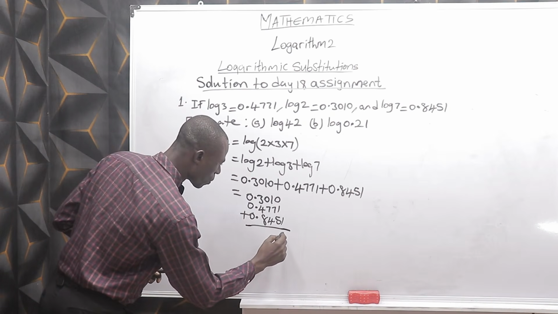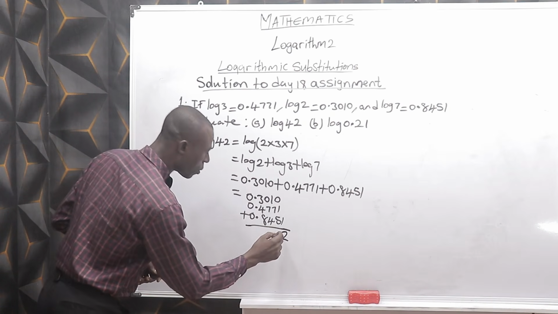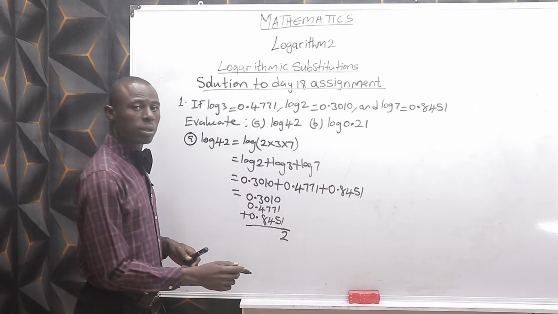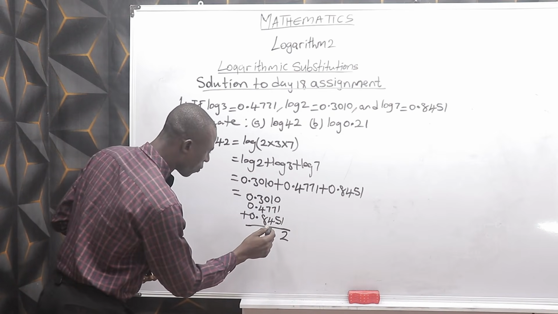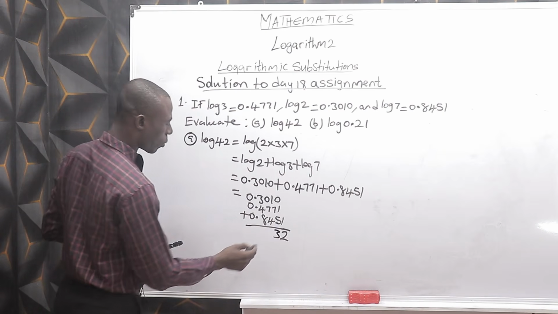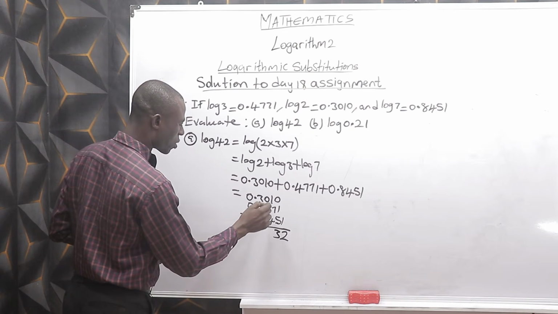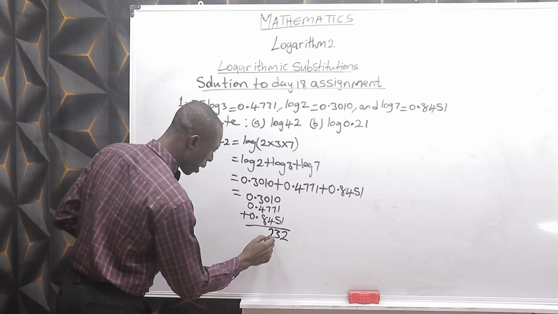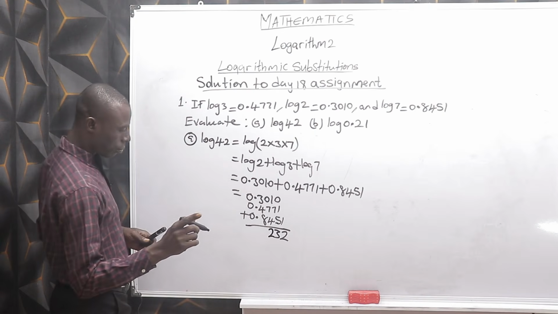One plus 7 is 8, plus 5, that's 13. We write 3, we keep 1. 1 plus 0 plus 7, that's 8, plus 4, that's 12. We write 2, keeping 1.